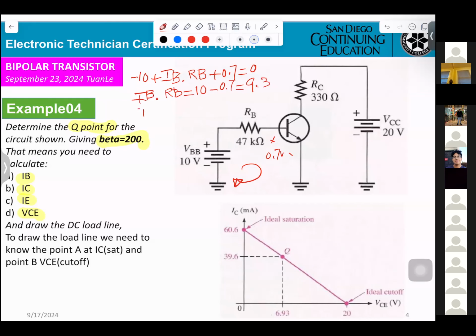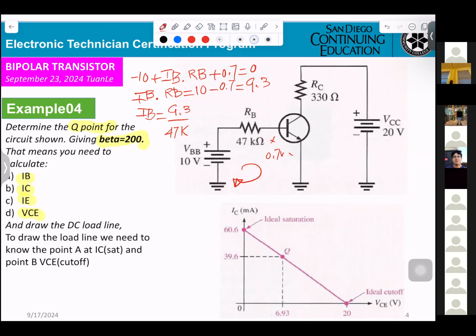And that will give IB equals 9.3 divided by 47K. So after you get the IB, you can calculate IC equals beta times IB. You can calculate the IE. And you can calculate the VCE, meaning VC minus VE. Everything we already calculated.